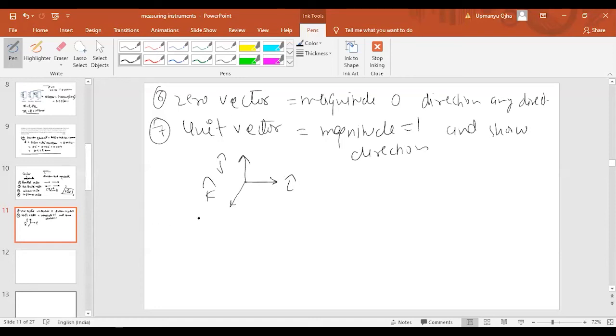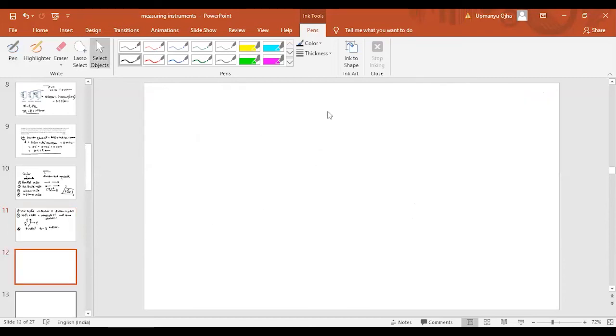Now, how can we add two vectors? To add two vectors, we have the parallelogram law of addition. Suppose we have two vectors, one vector A and the other vector B, and the angle between them is theta.